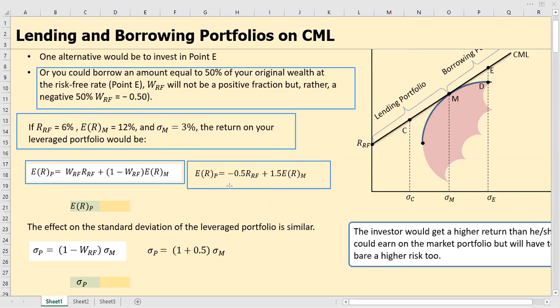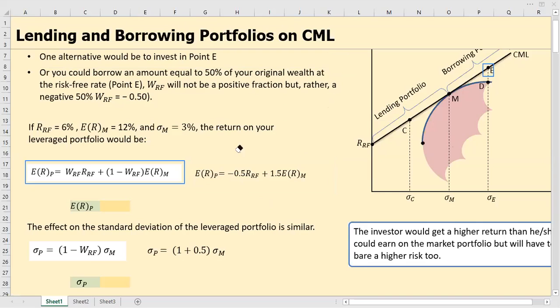So if this is the case, how are we going to identify the expected return of this borrowing portfolio, which is actually this point E, right? So let me calculate that. Please follow the calculations with me. So I'm going to calculate that value in this particular cell, right?